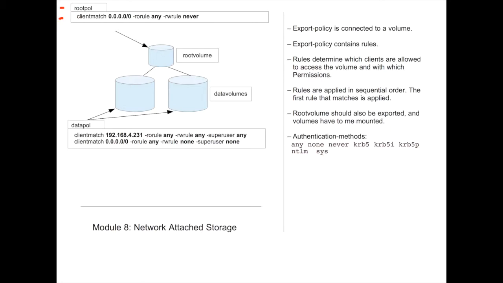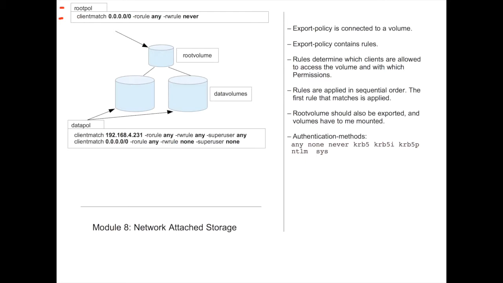So everybody is allowed to read, and nobody is allowed to write. So this policy is connected to the root volume, which is vital, because if you do not connect a policy to the root volume, that means that your root volume will not be accessible by any client, no matter what. So you will not be able to access your volumes.